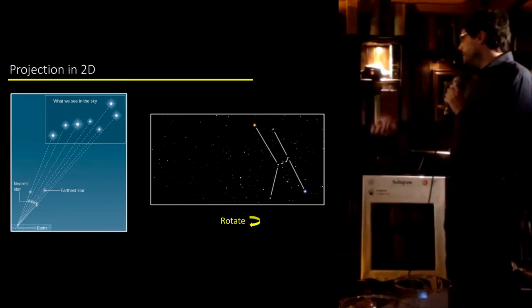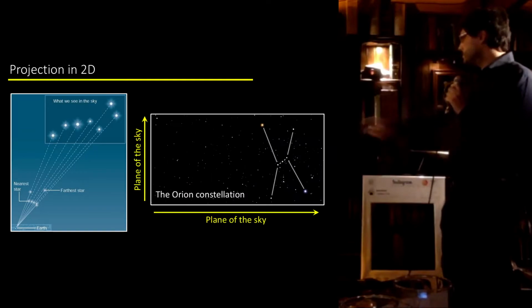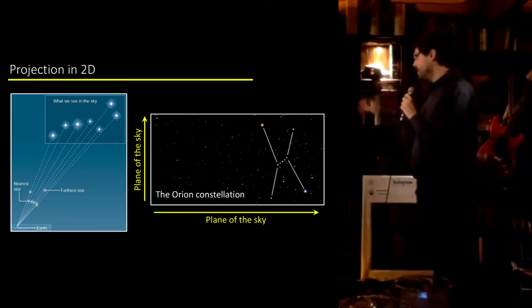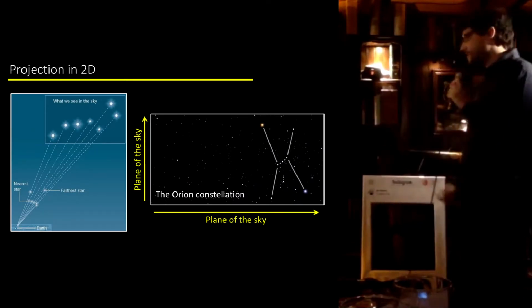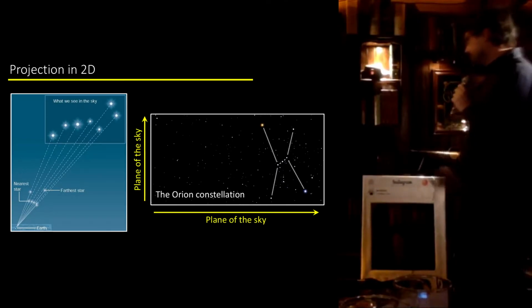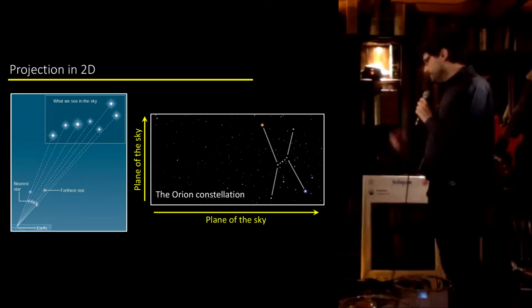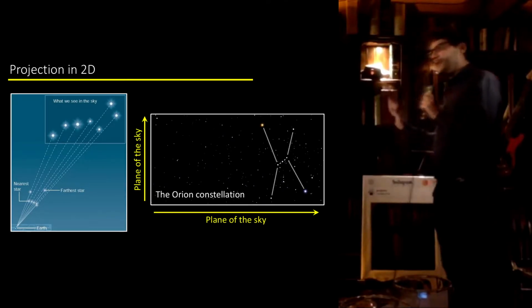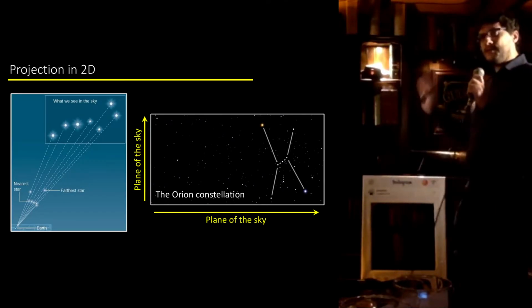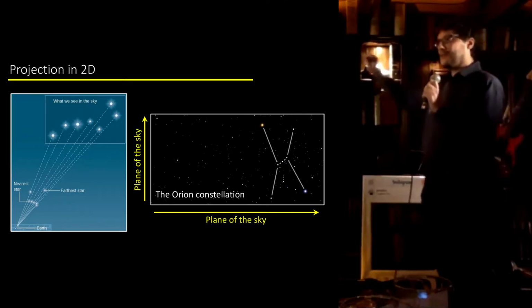You end up with this nice constellation, which is also a well-known constellation from the northern sky. So the topic of the talk is really how astronomers determine the third dimension, the distance to the objects.